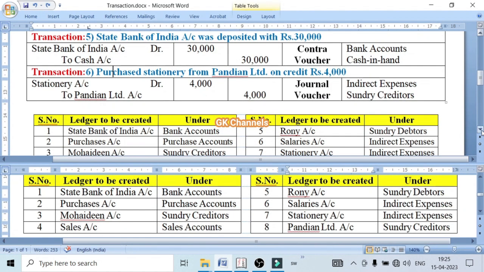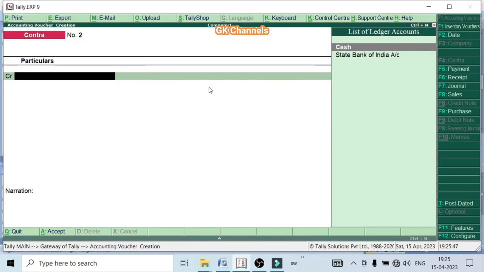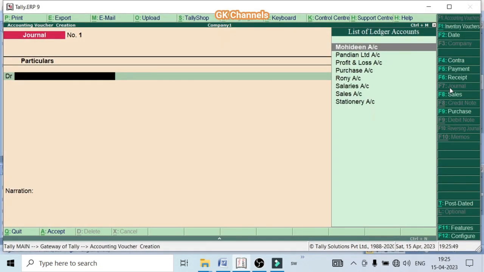Last transaction, 6th one, purchase stationery from Pandian Limited on credit rupees 4,000, journal voucher. So I need to select journal voucher, F7 journal voucher in the right hand side vertical green bar.